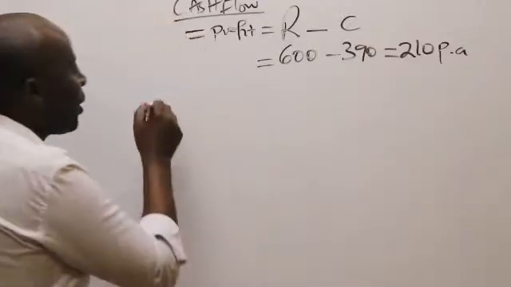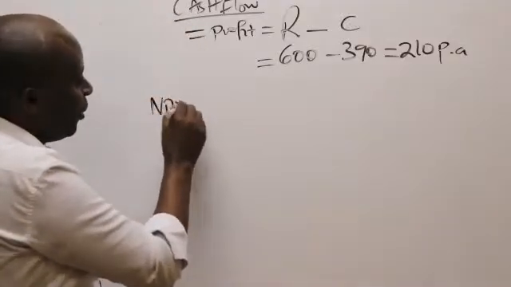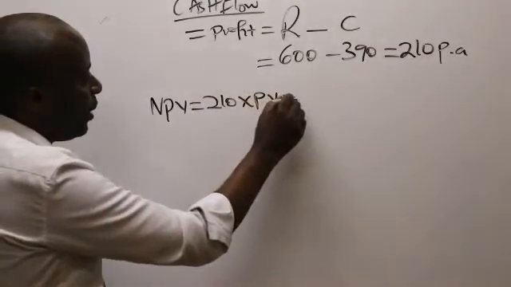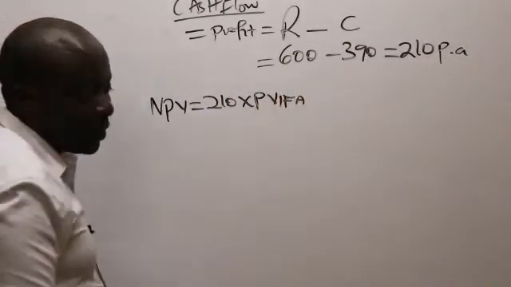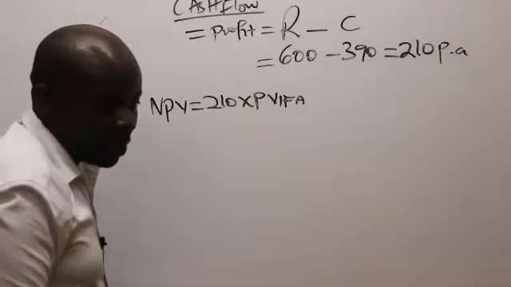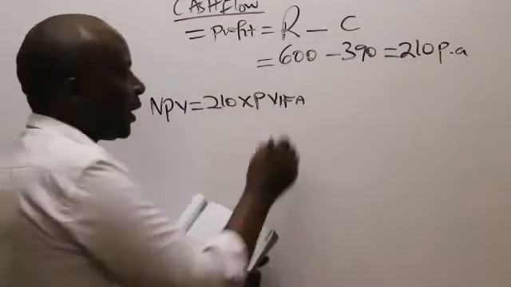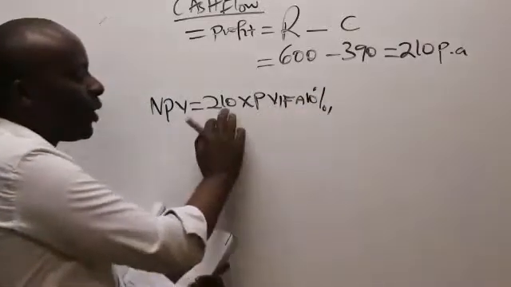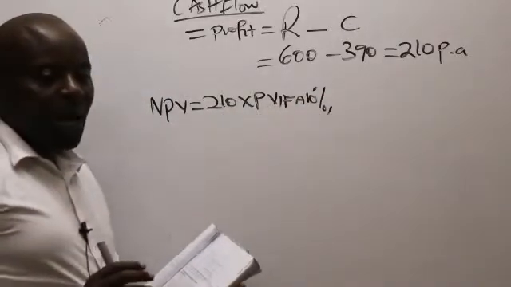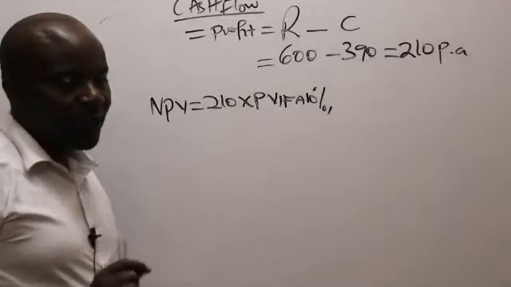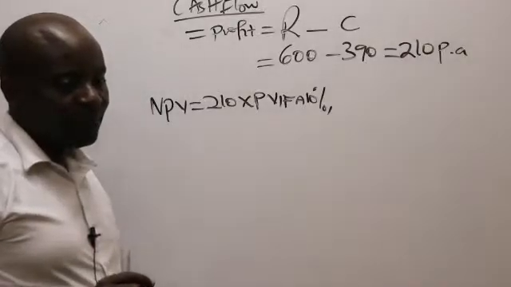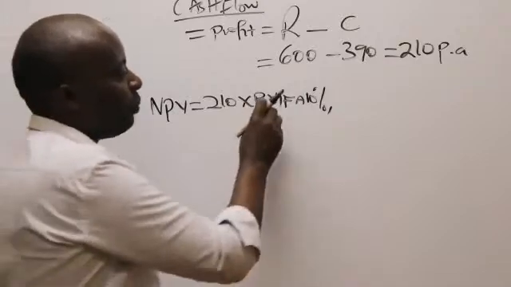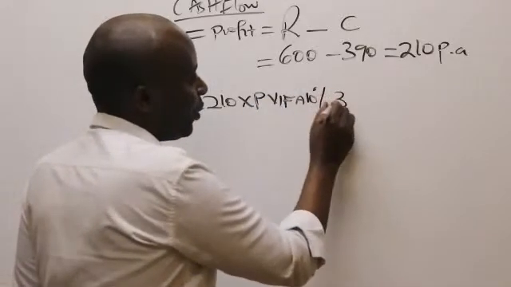And therefore, my net present value will be the 210 times PVFA. This has to be multiplied with the PVFA for discounting purposes. The cost of capital, they have told us, is 10%. How many years are we going to enjoy this 210? 3 years. So PV for 10%, 3 years.